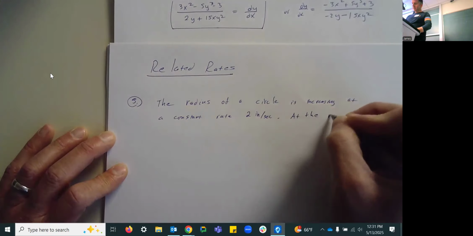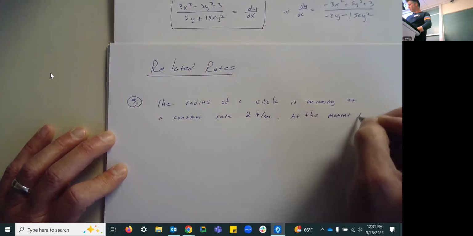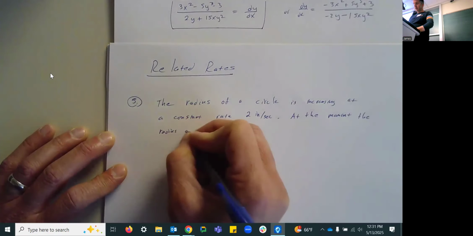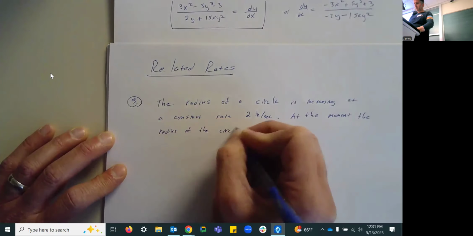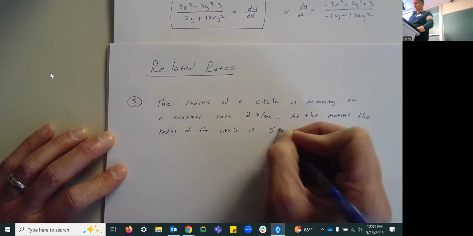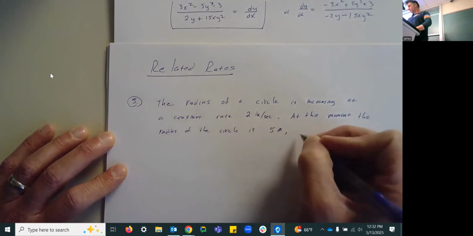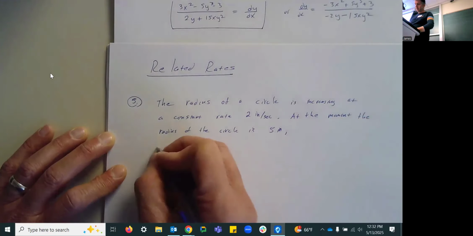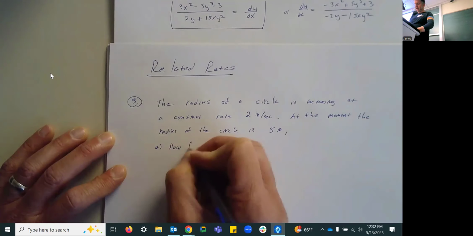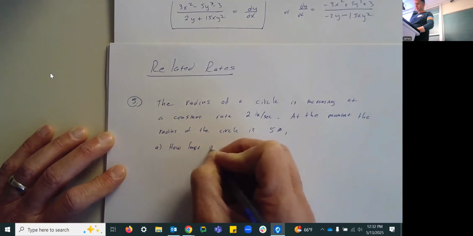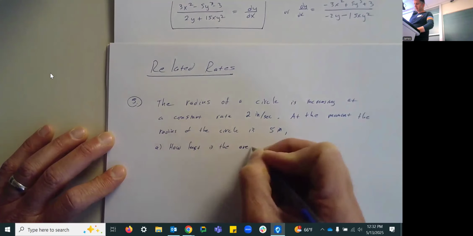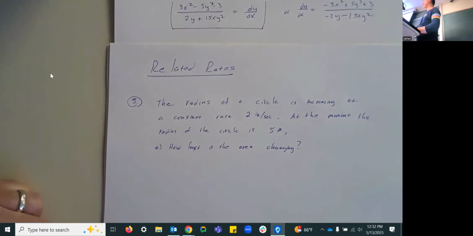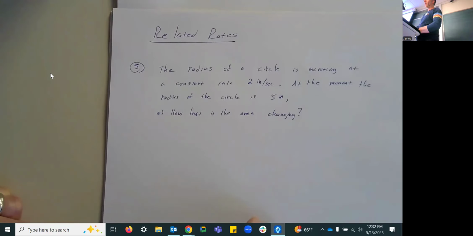At the moment, the radius of the circle is 5 inches. How fast is the area changing? Actually, I'm going to write 2 questions here. Part A, how fast is the area changing? That's what we're asking.